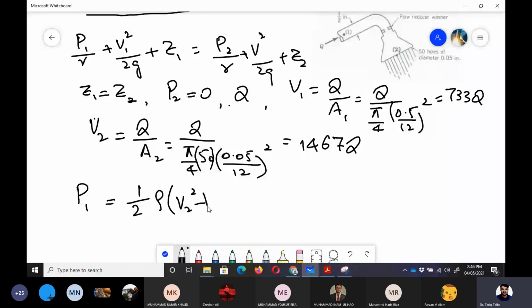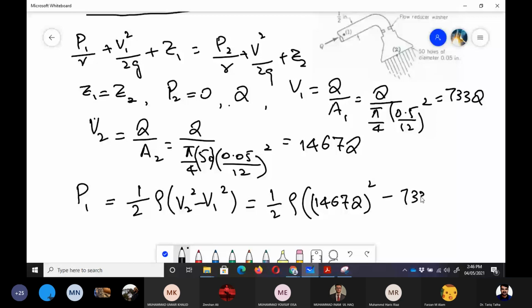So if we put in the values, it would be half into rho into (1467 Q square minus 733 Q square).